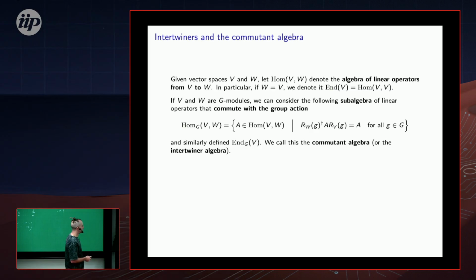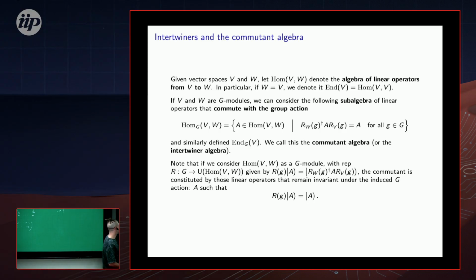This is similarly defined for End V, and End_G(V) will be the invariant operators. And this is called the commutant. We'll have a lot of applications, as we will see soon. I think this is not very important.